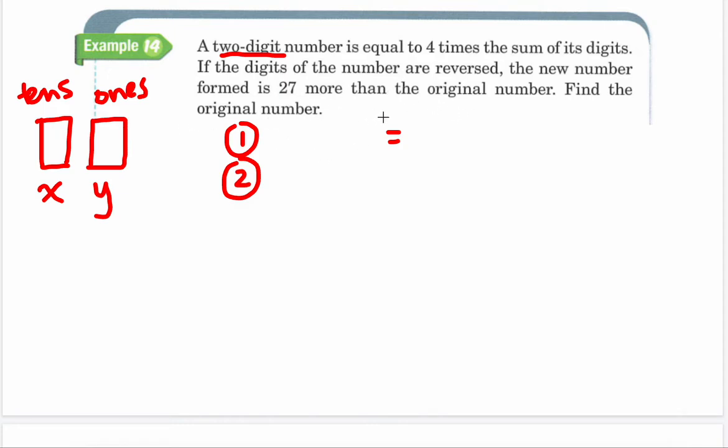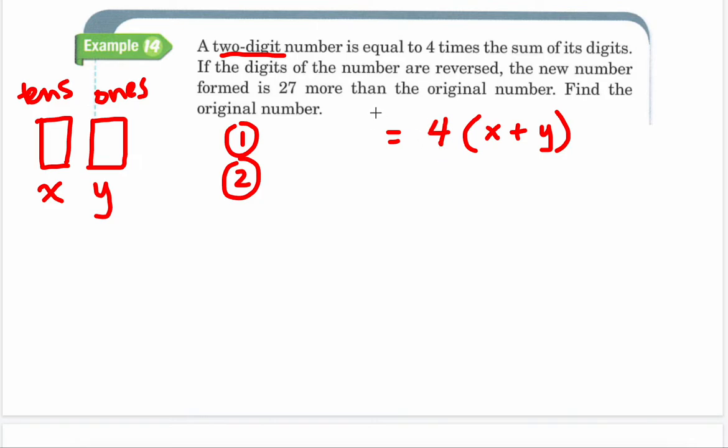But the two-digit number is equal to 4 times, multiplication, the sum of its digits. Well, the sum would be to add those digits, X plus Y. I'm putting that in parentheses because this entire sum has to be multiplied by 4. If I don't have parentheses, only the X would be multiplied by 4. So this is a situation where distribution is needed. I need to add X and Y first and then multiply by 4.